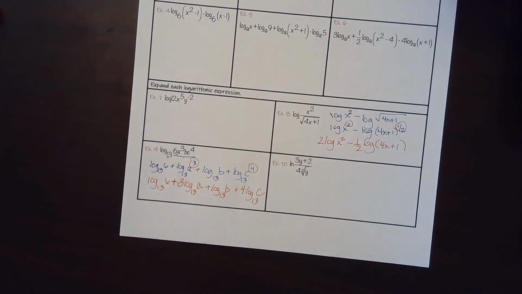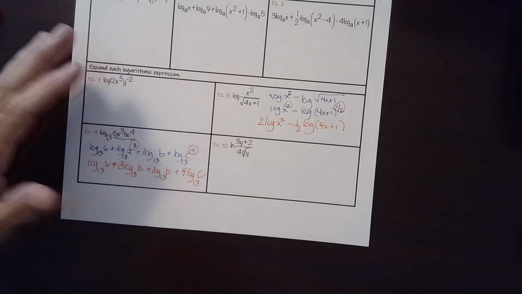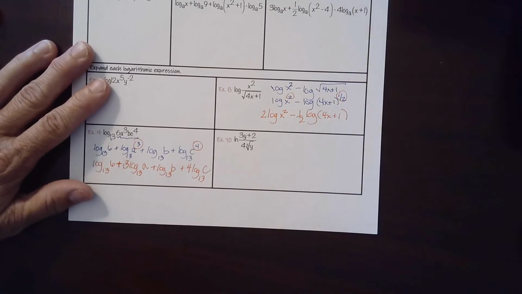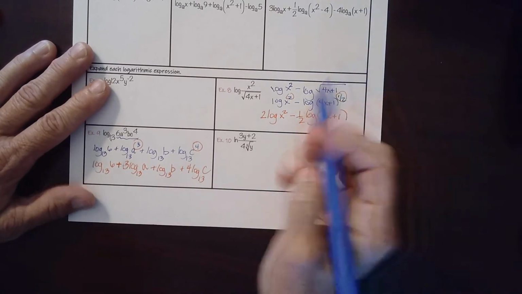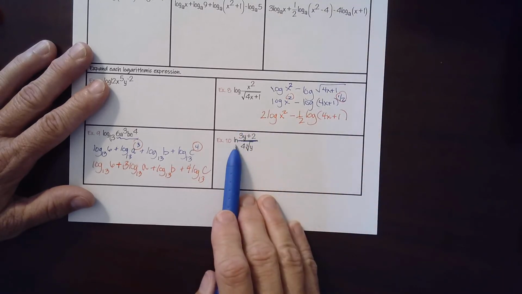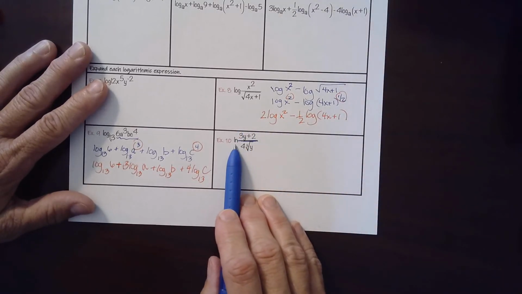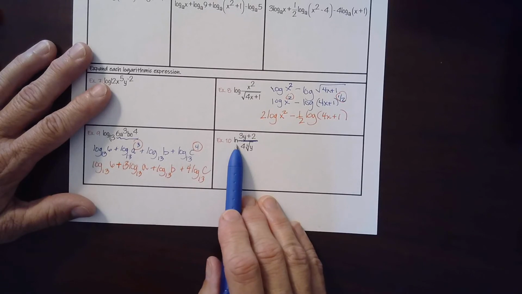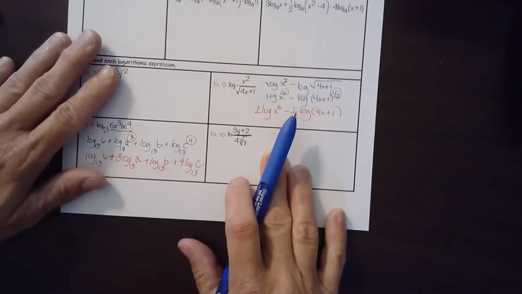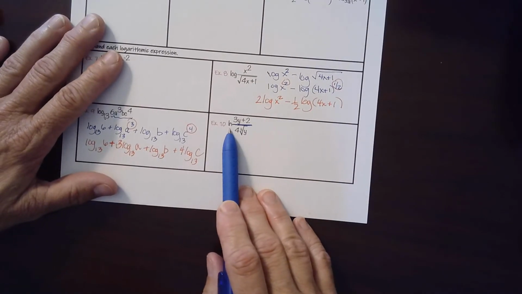Okay. All right, then our last example, example number 10, it's not too complicated, but it's a little more complicated than some of the others. The first thing I'm going to do is take care of the division. I also noticed that this is a natural log expression. These same properties of logarithms work for natural logs as well.